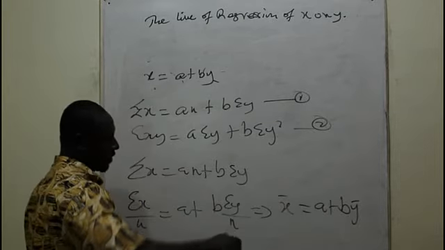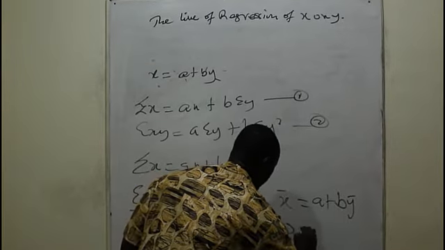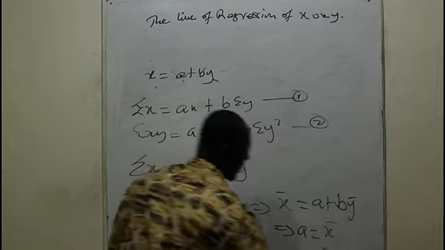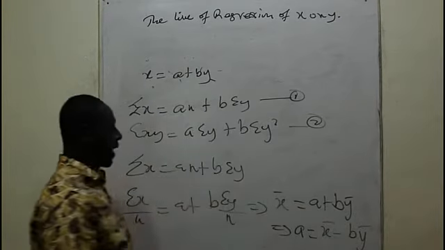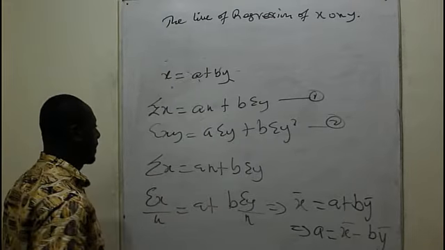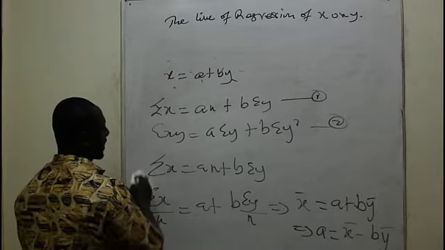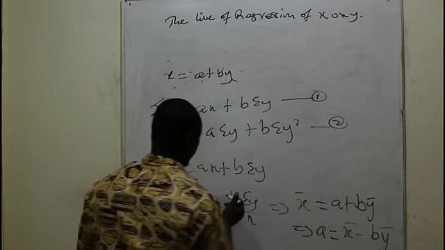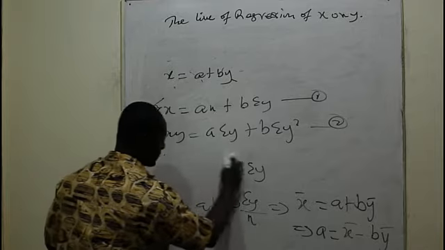So if I want to solve for a, I get a equal to the mean of x minus b times the mean of y. Take note of this particular equation. Okay? If that is the case, it means the line is going to satisfy the point y bar, x bar.